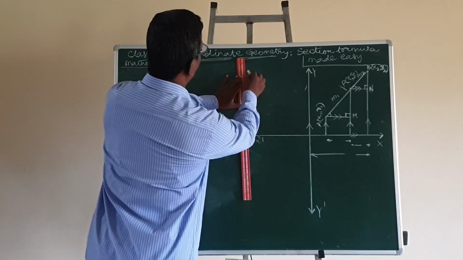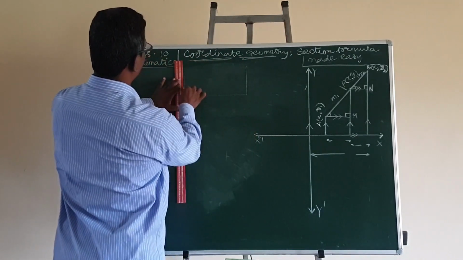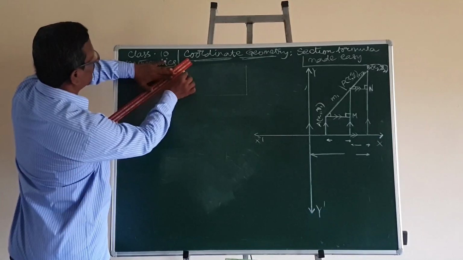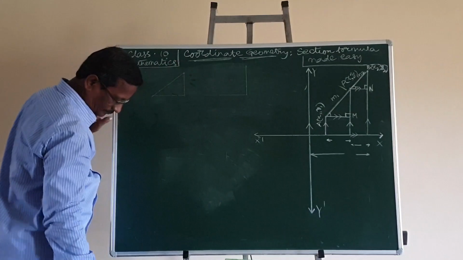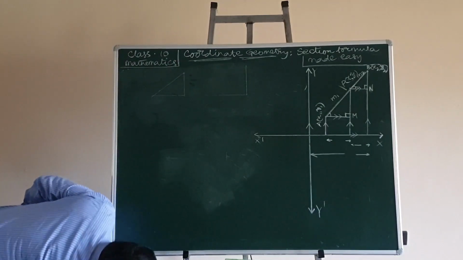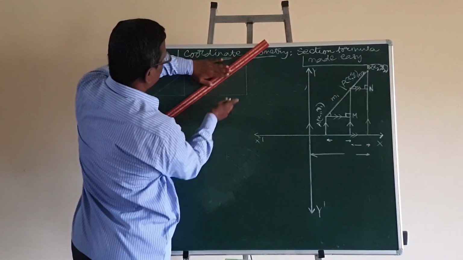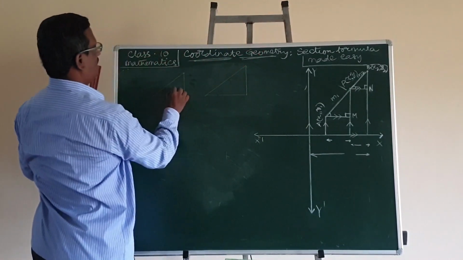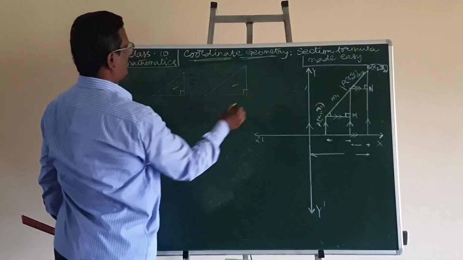Both the triangles are right triangles, and one of the acute angles is equal, then automatically this is triangle 1 and this is triangle 2. Both the triangles are right triangles.